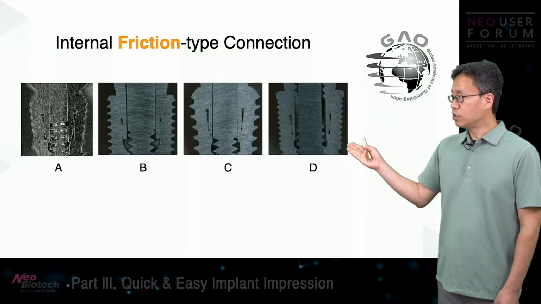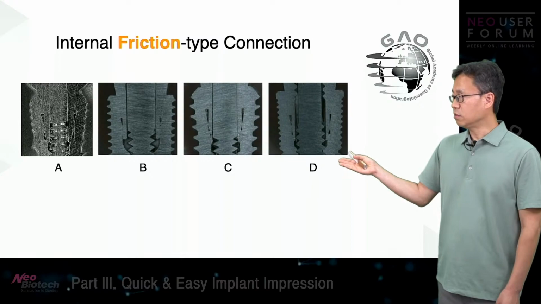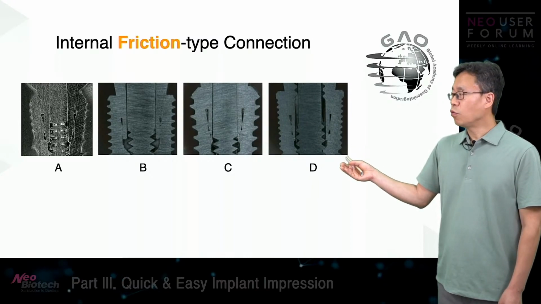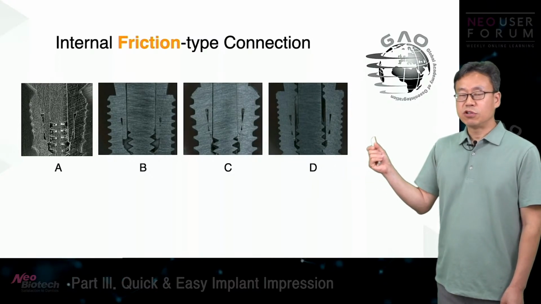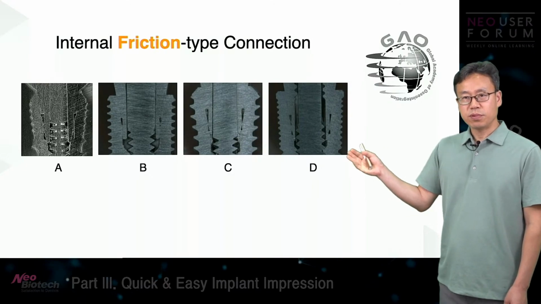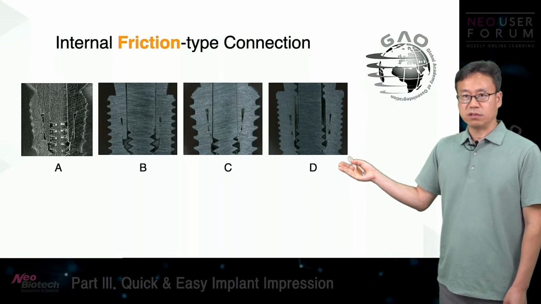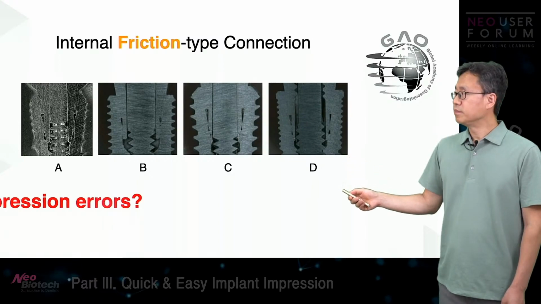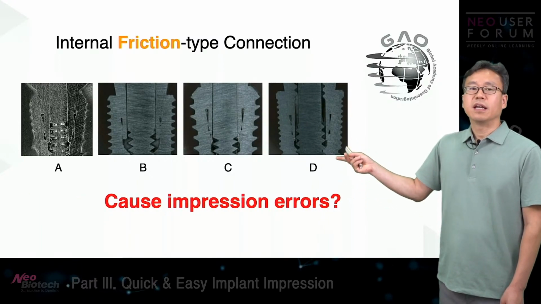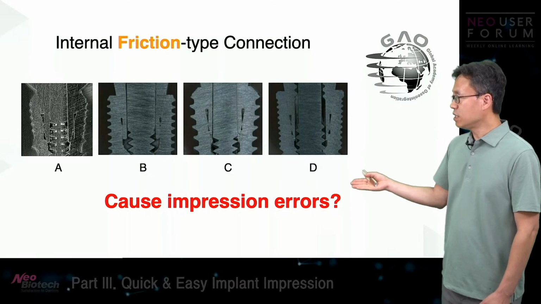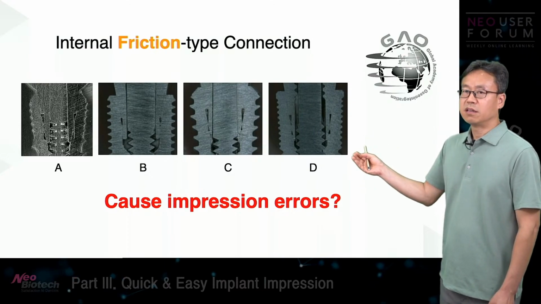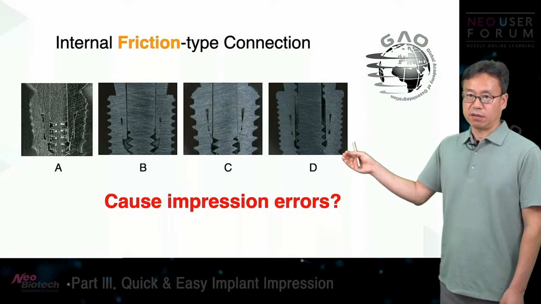But that friction inside the connection can interfere with reducing strain during impression procedure. So it increases strain during impression taking procedure.